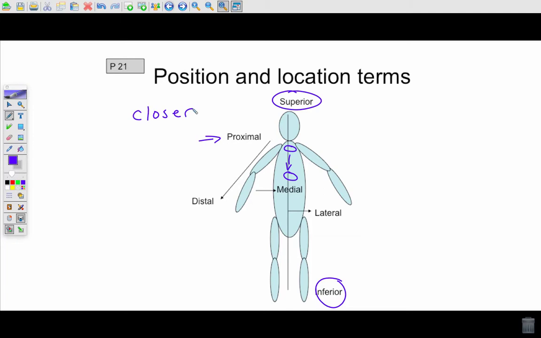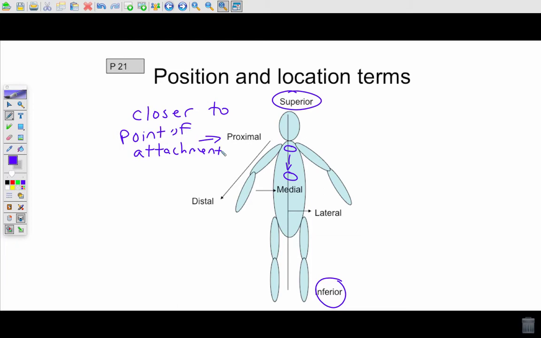So your arm, the most proximal part of your arm is your shoulder, or where it attaches at the shoulder. The distal portion is the portion further from the point of attachment.